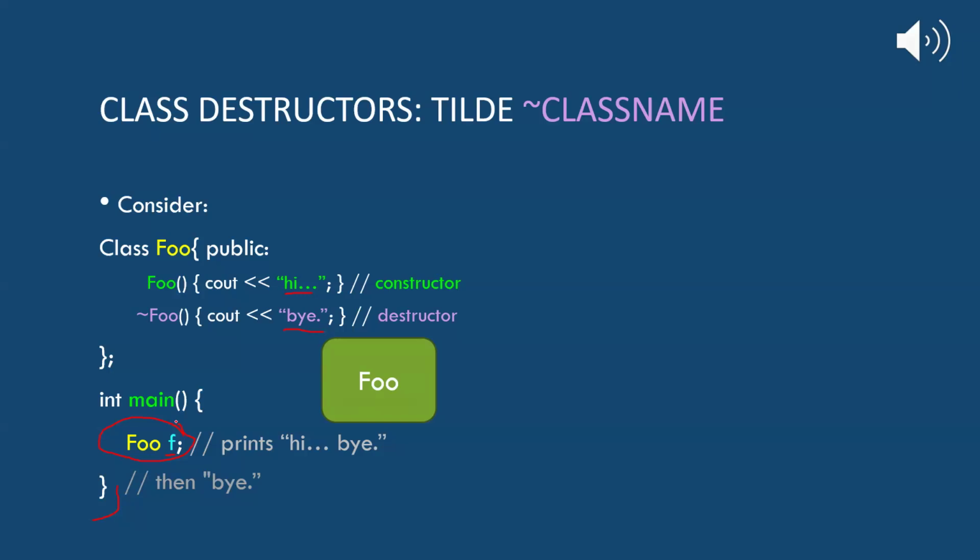That's our automatic stack variable going away, and that triggers the destructor. So that's where the bye message comes from. When we go out of scope at the end of our program, the last thing that happens is all the destructors for any remaining instances get triggered and that memory gets cleaned up.